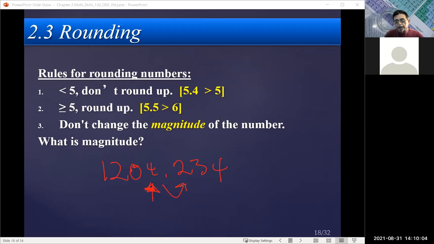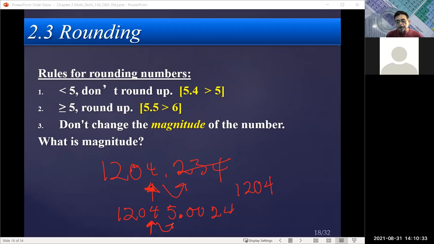We look at the neighbor and then we end up keeping that 4 as 4, and we drop everything after the decimal point. But what if it's before the decimal point? What if we were trying to round at this 4, and we're before the decimal point?